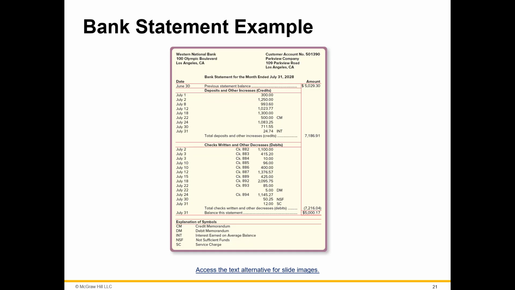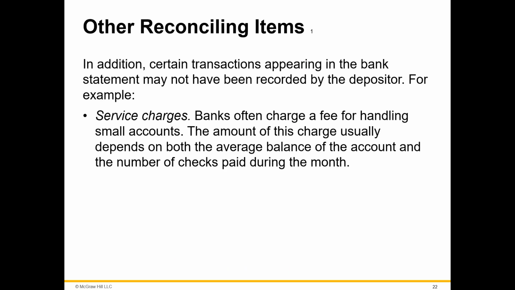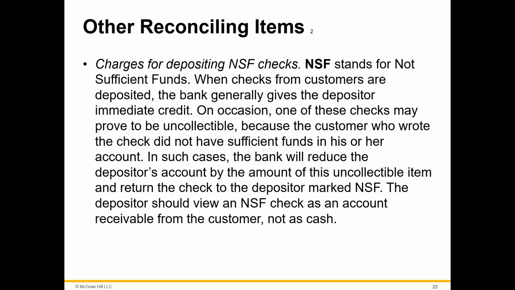And here's also a credit memorandum. Those are some items reflected by the bank that are likely not recorded yet by the company, and so those need to be reconciled. So here's the service charge. They're going to charge an amount. Here's some insufficient funds, because when they went to draw on the customer's account, there were not sufficient funds to make that payment.